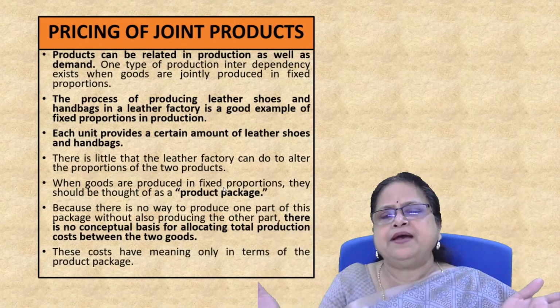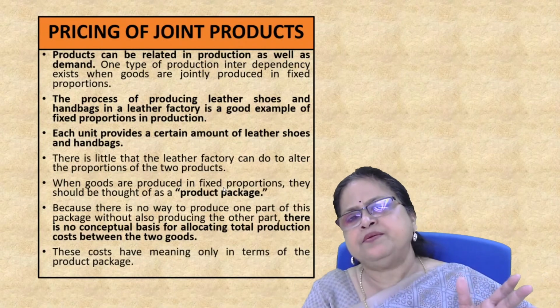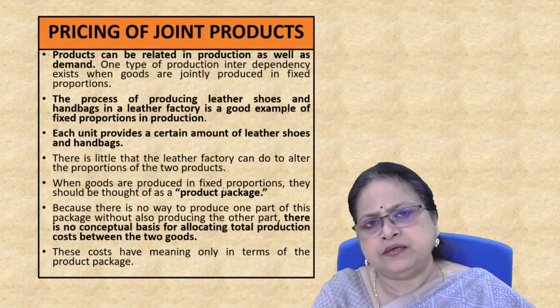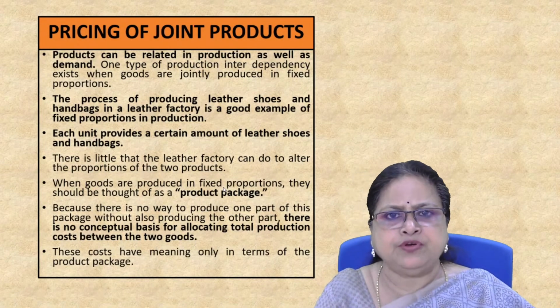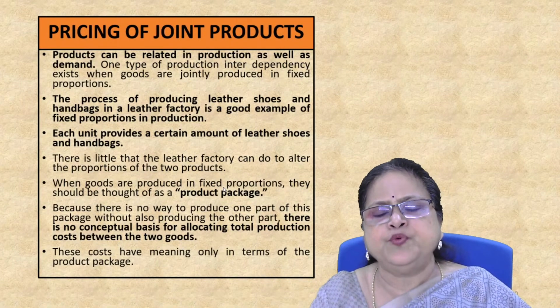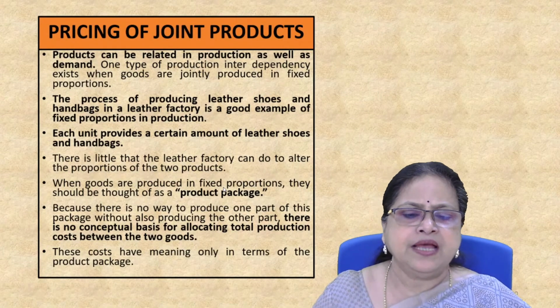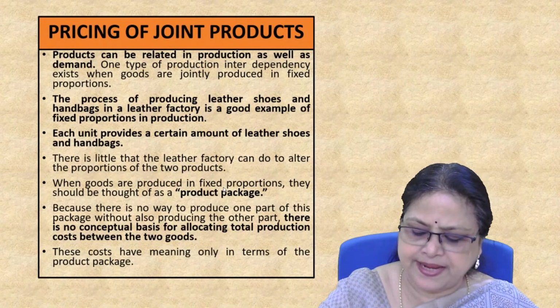If you are cutting for a handbag, then surplus leather is remaining. Then you can produce shoes out of that. So basically, from one kind of input you can produce a package of products. So the cost here is meaningful only in terms of the product package.